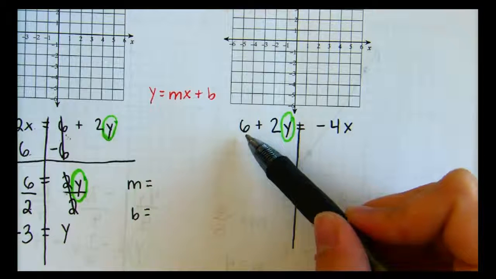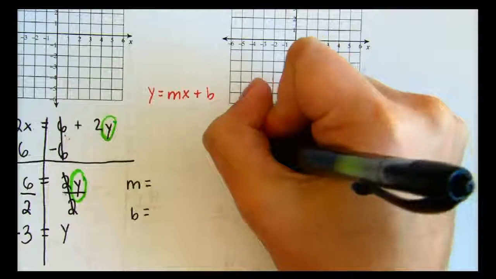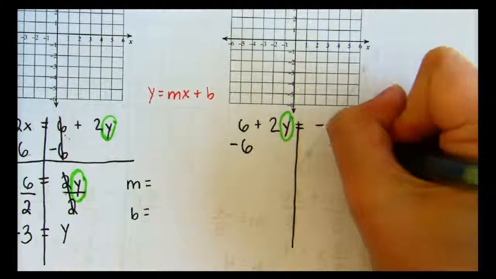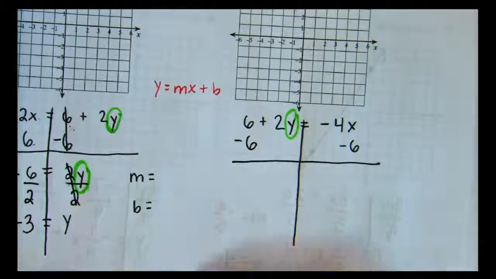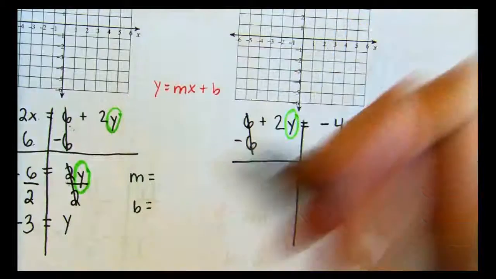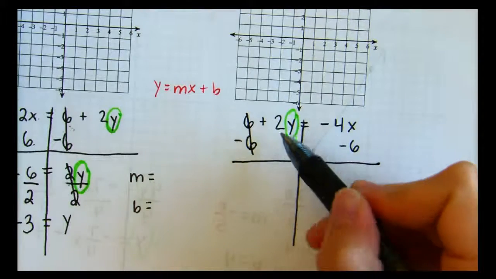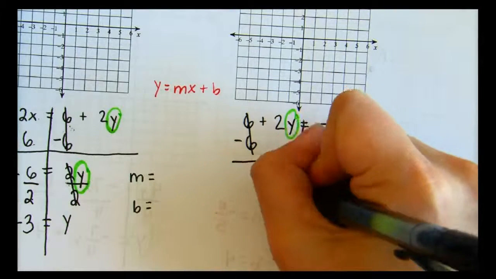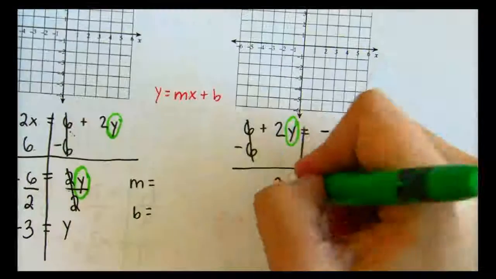How do I get rid of this 6 and make it equal to 0? We're going to subtract 6 from both sides. So when I do that, over on this side, my 6's are going to cancel out, so that I'm left with just this 2y is equal to, and I'm going to circle my y value.